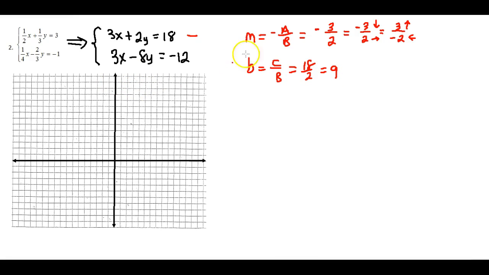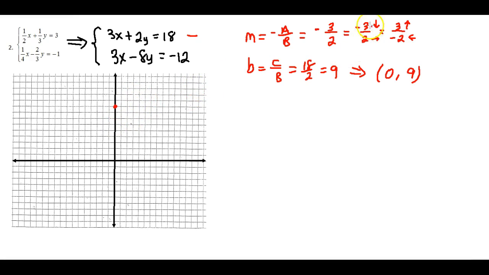So for our first graph here, the y-intercept is at the point 0, 9. So we'll go ahead and find that. 1, 2, 3, 4, 5, 6, 7, 8, 9. So we'll put our point here. And then we can go in either direction and find some points.